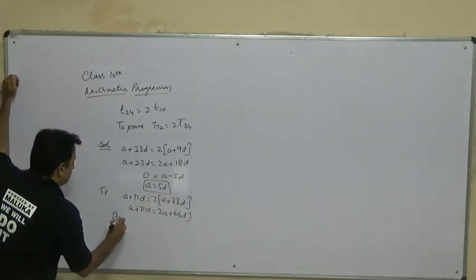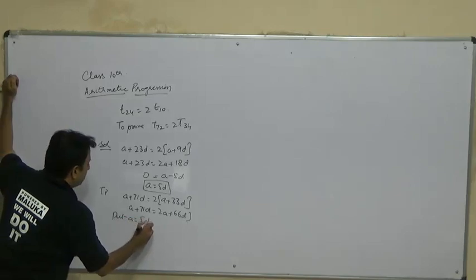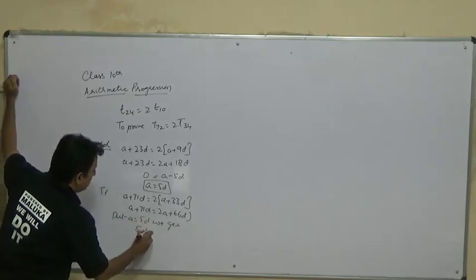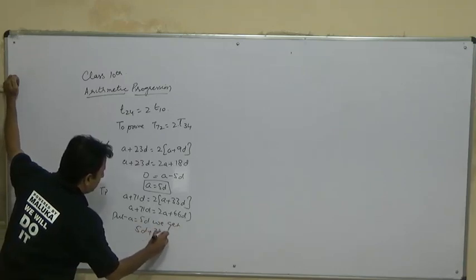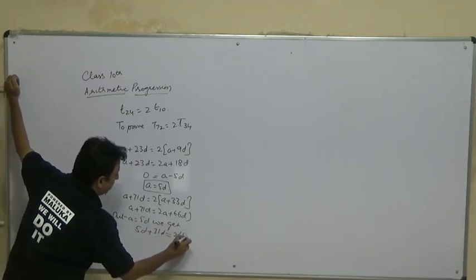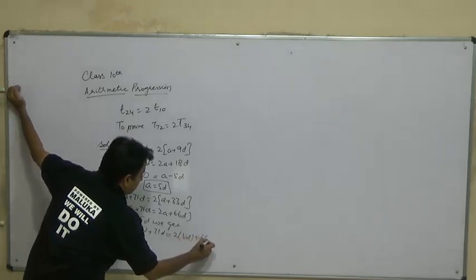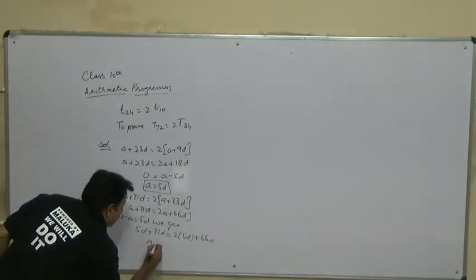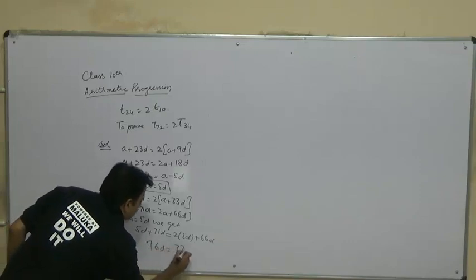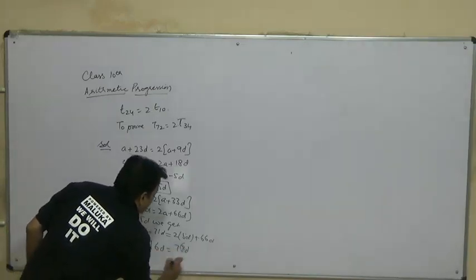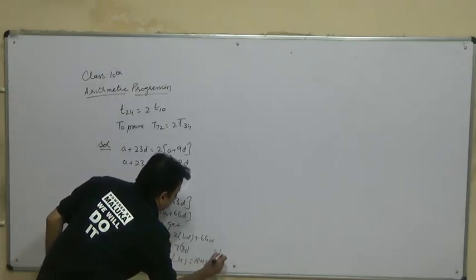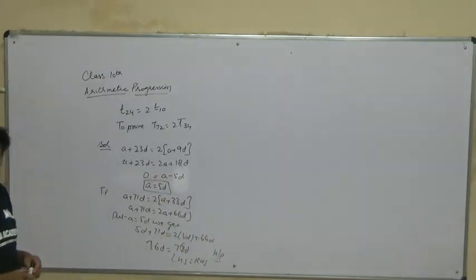So put a is equal to 5d, we get 5d plus 71d is equal to 2 into 5d plus 66d. So if we add these two, you will get 76d here is equal to 76d. So both are equal. LHS is equal to RHS. So hence proved. So this is the proof for what we want to do.